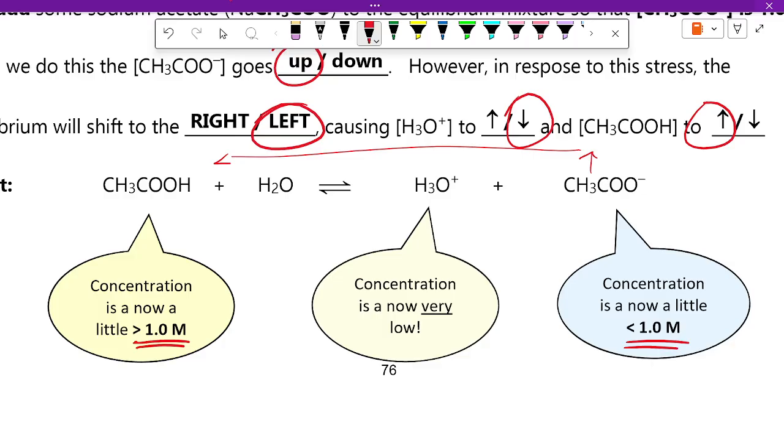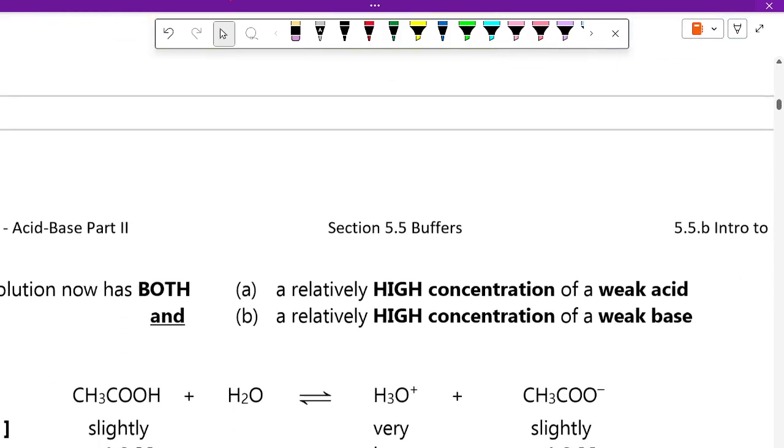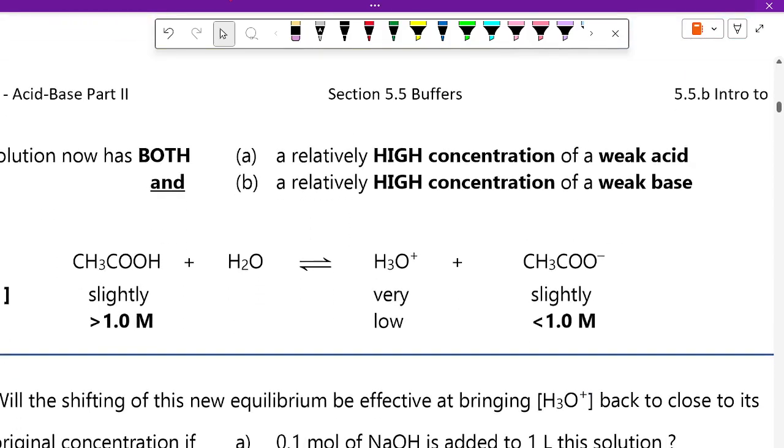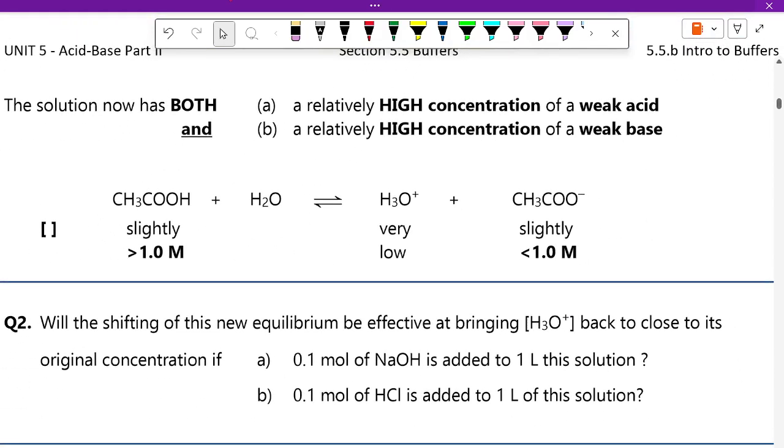And hydrogen is now very low because we shifted away from the hydrogen. But what that means is anytime we add some hydrogen or we add some hydroxide, that system will be able to shift one way or the other. Is that good? Okay. So we got high concentrations here and here.